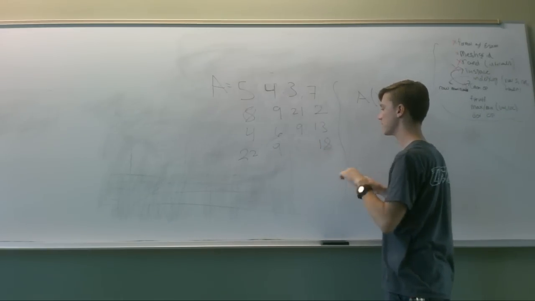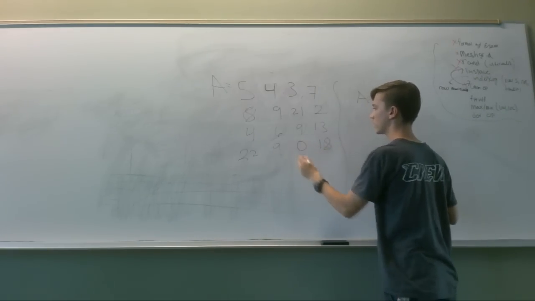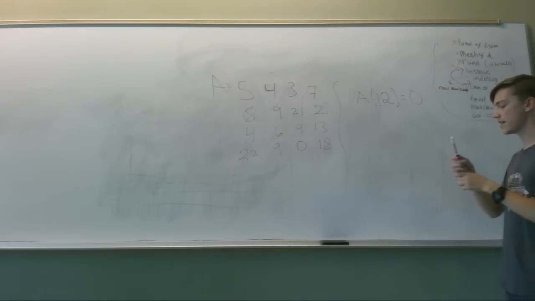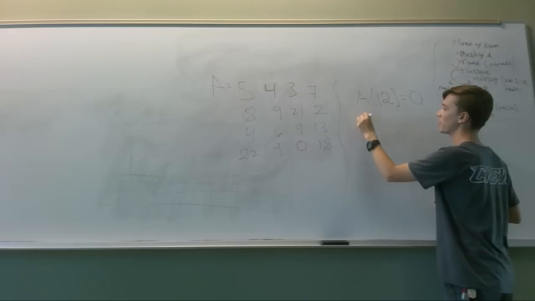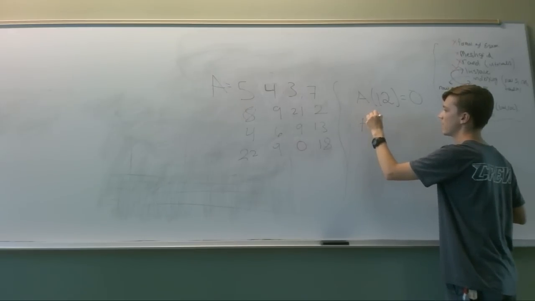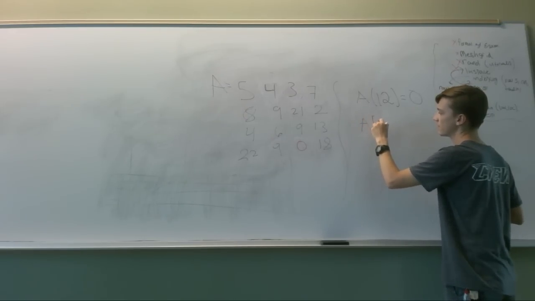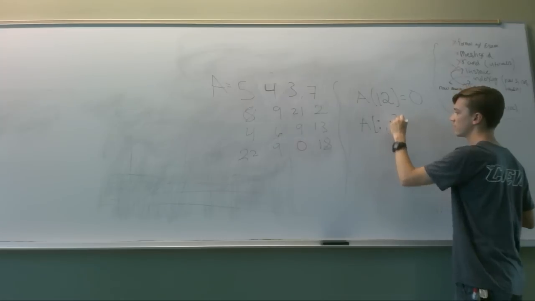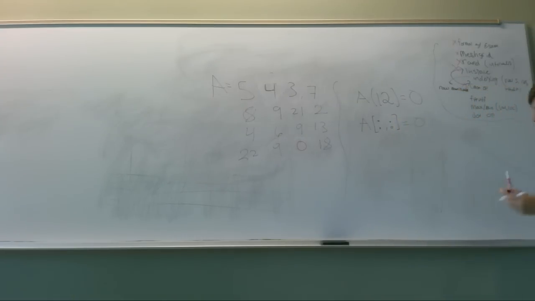So now this is a 0 here. Let's say, I'm not going to rewrite all of this, but let's say A of colon equals 0. What does that do? Everything. All of them are 0, right? Every single value in that matrix would be 0.